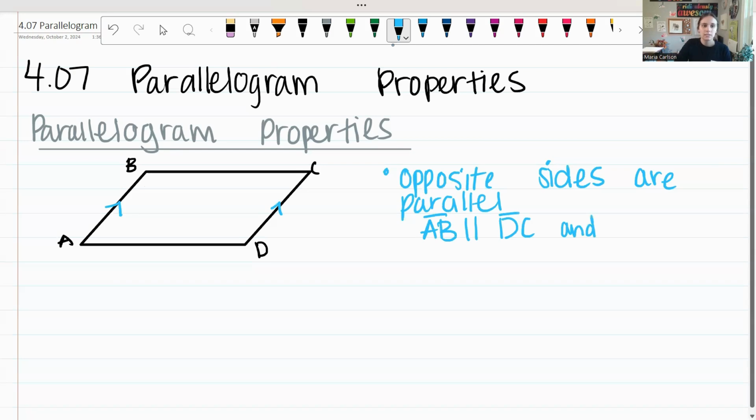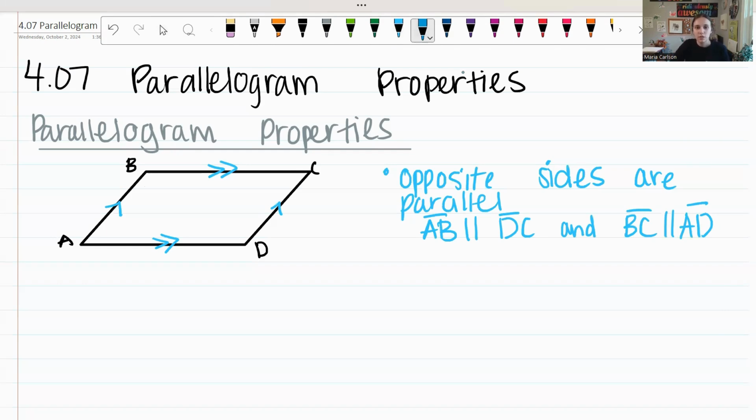And I can say that BC and AD are parallel segments. So BC is parallel to AD. That is the basic definition of a parallelogram.